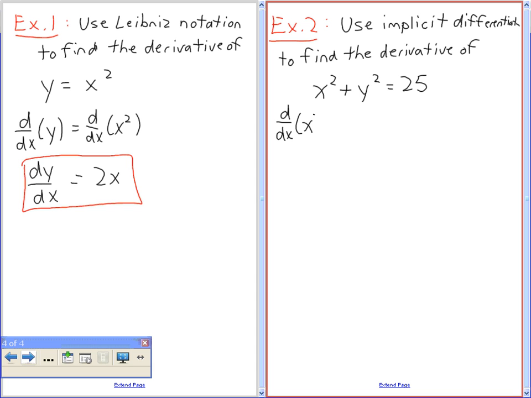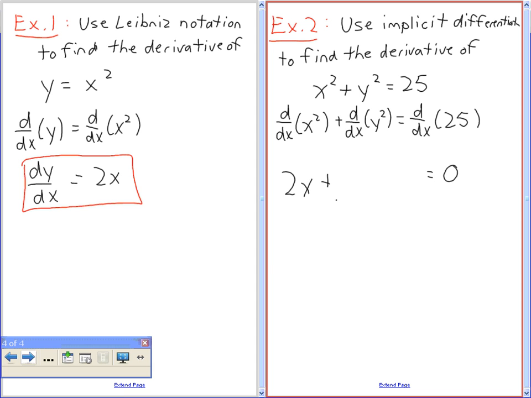You can skip this middle step after about one example. Let's start off easy. What's the derivative of 25 going to be? 0. What's the derivative of x squared going to be? 2x.